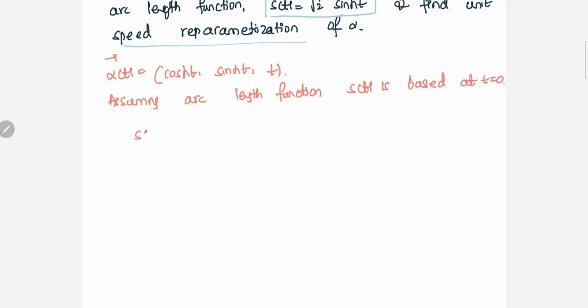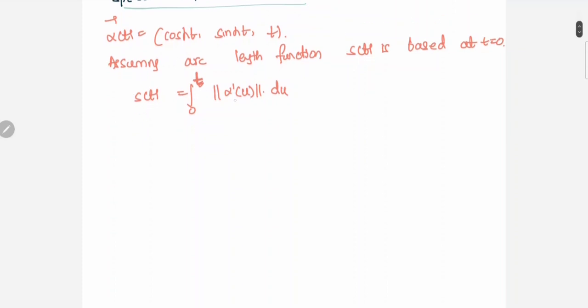Therefore the arc length function is given by s of t is equal to the integral from 0 to t of the norm of alpha dash of u du. To differentiate between the limit variable and the variable of the integrand, we have taken alpha dash of u and du. Now it involves the magnitude of the velocity vector.